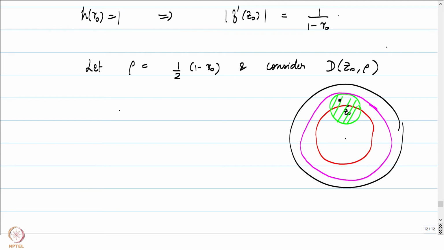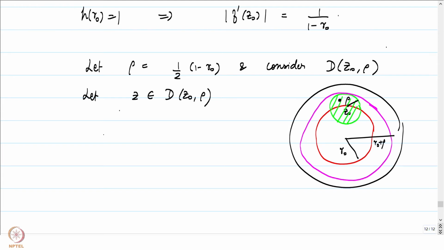Let's pick some point z here. Let z be some point in D(z0, rho). Remember that this distance is rho, this distance is r naught, and this distance is going to be equal to r naught plus rho.